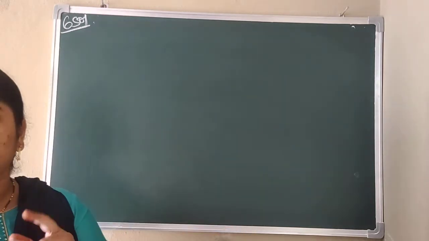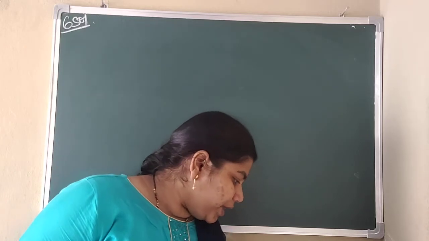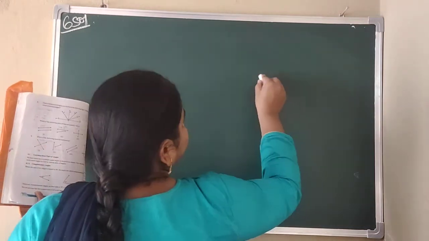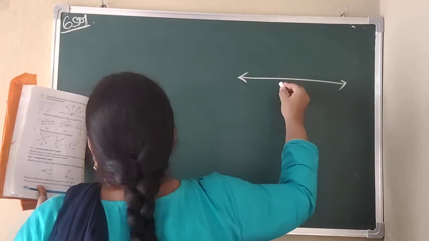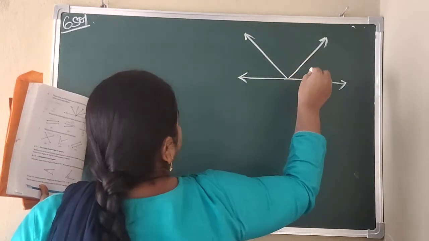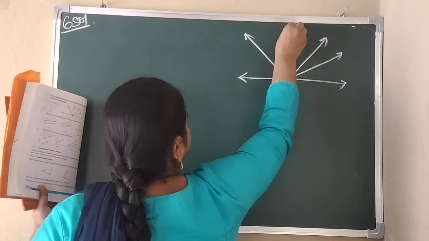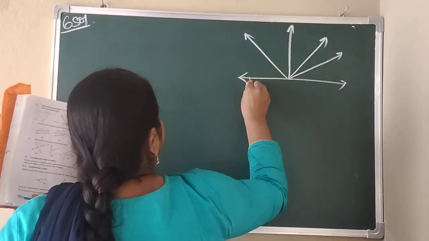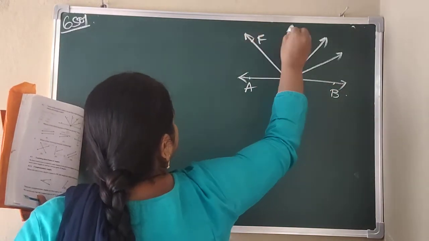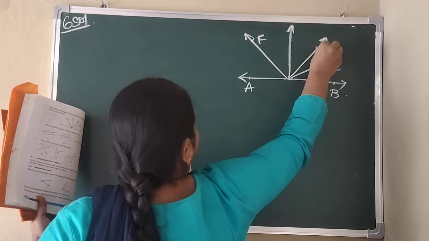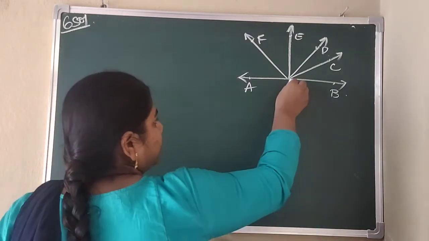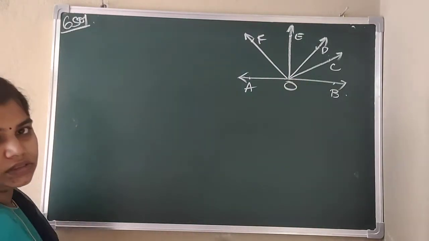They have given one figure, and from that we have to identify which is an acute angle, which is an obtuse angle and which is a straight angle.